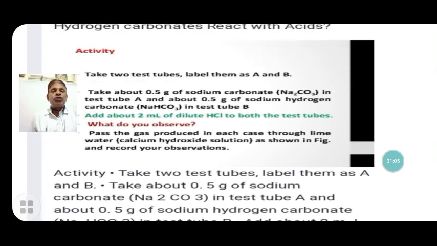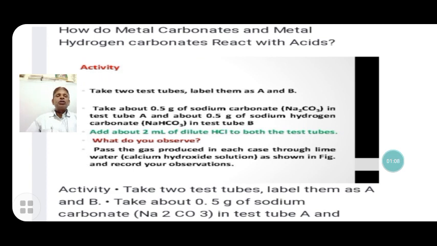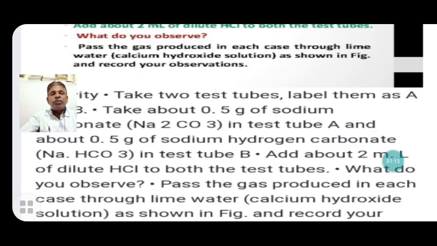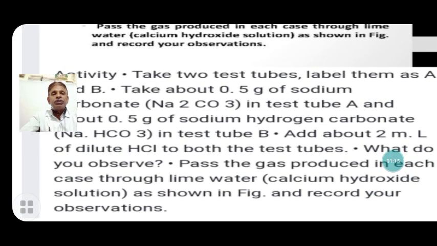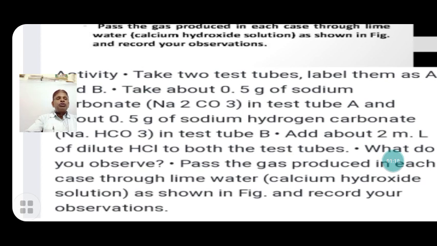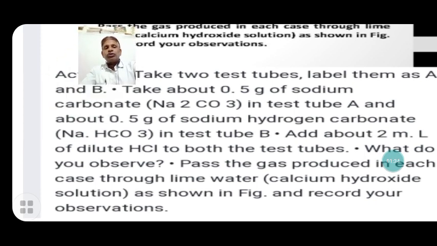For this, we discuss an activity: how do metal carbonates and metal hydrogen carbonates react with acid. For this activity some apparatus is taken, and we are going to describe the activity. Take two test tubes, label them A and B. Take about 0.5 gram of sodium carbonate, Na2CO3, in test tube A, and in the other test tube about 0.5 gram of sodium hydrogen carbonate, NaHCO3.